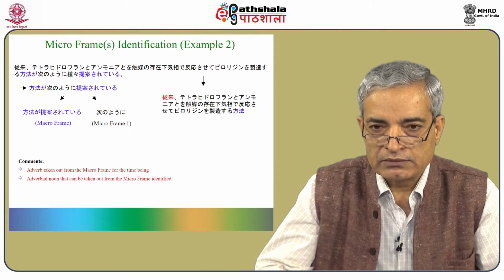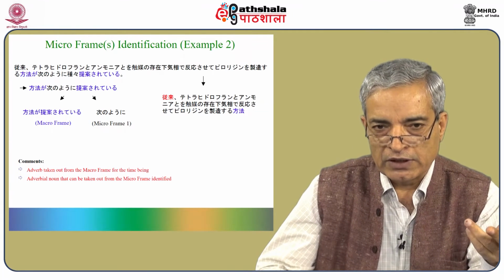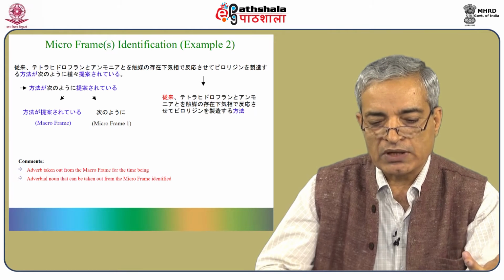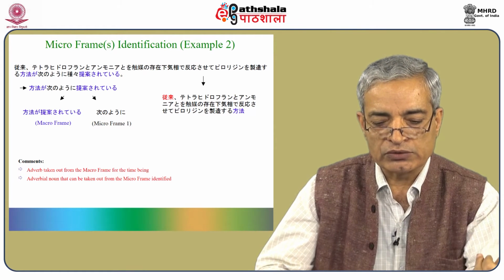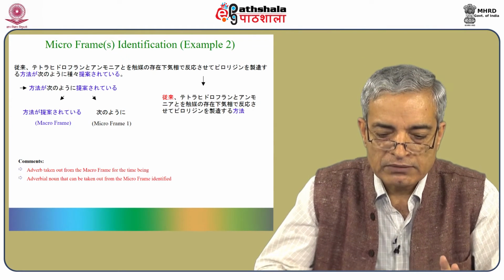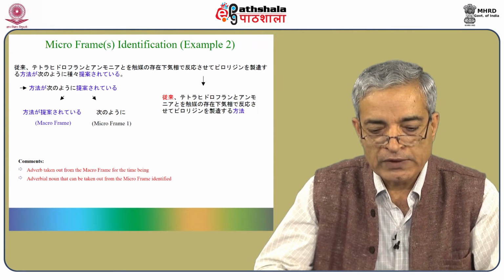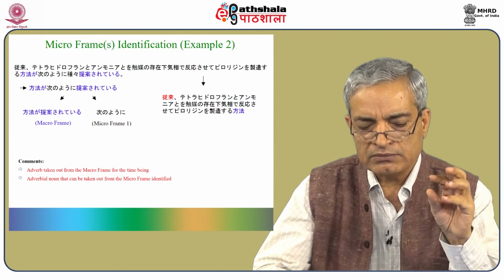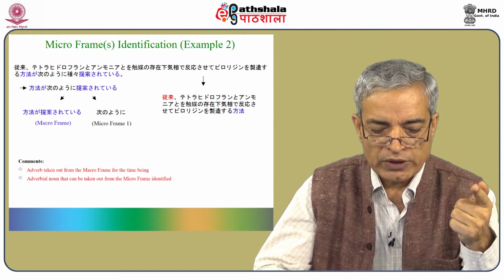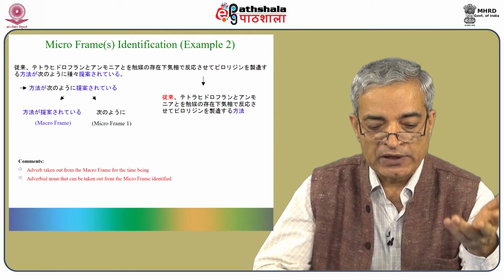Now let's see what we had left in the early step, that is the adjectival clause. Jurai tetra hydrofuran to ammonia to o shokubai no sonzai ka kiso de hanno sasite pyrorigin o seizo suru ho. If we see here, there are some elements that can be easily dropped. For example, jurai, it's an adverbial noun.